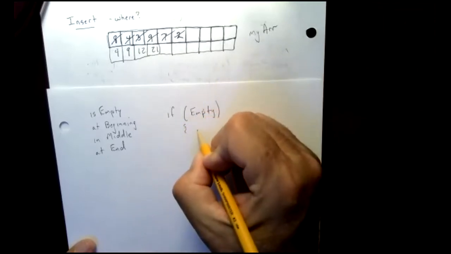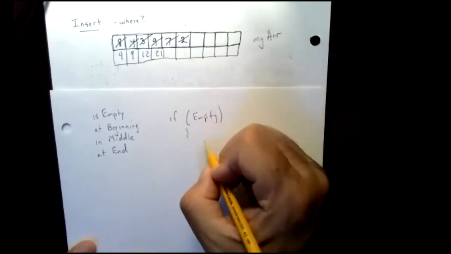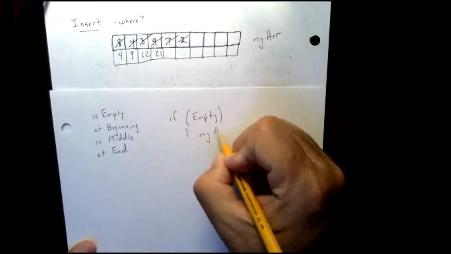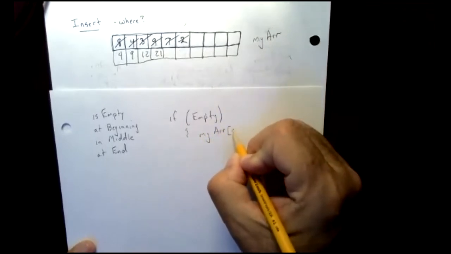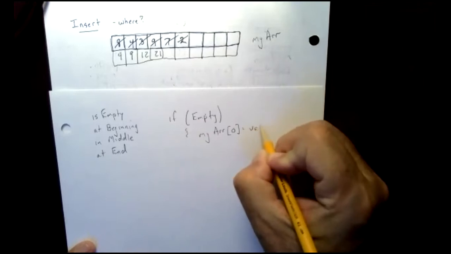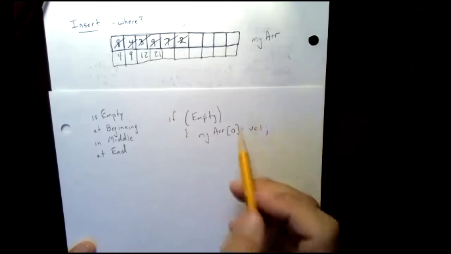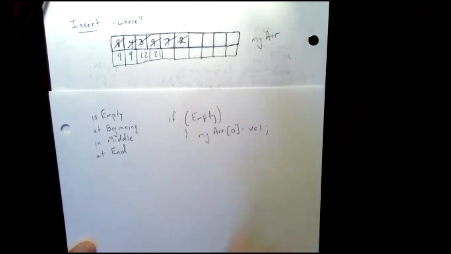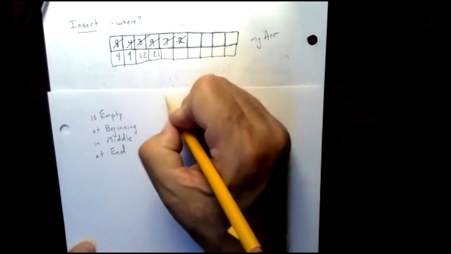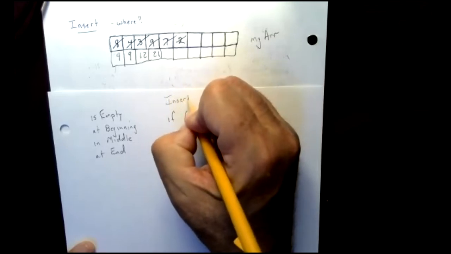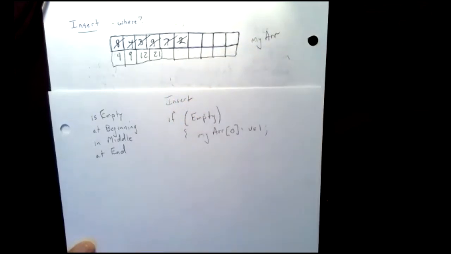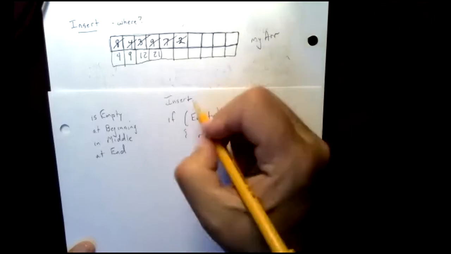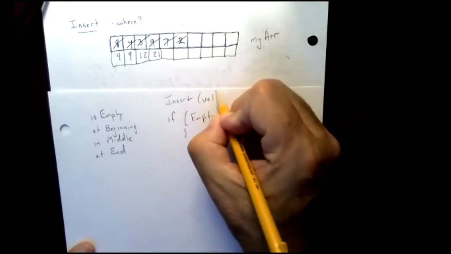First thing, my array sub 0 is going to get the val that's coming in. And the value that's coming in is going to be in the function heading here. Okay, so I'm going to have a function called insert. Probably shouldn't use a capital T, but for our notes, for our pseudocode, for our scribbling, we're going to do that. And I'm going to be bringing in a value called val.